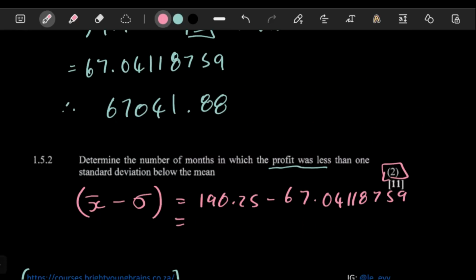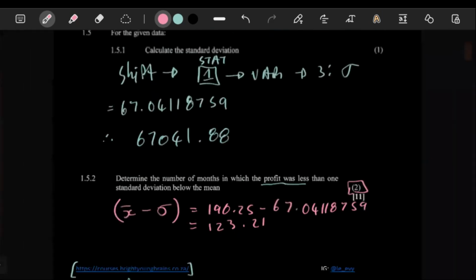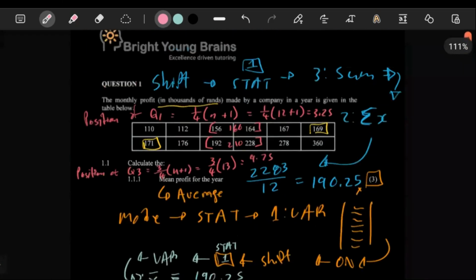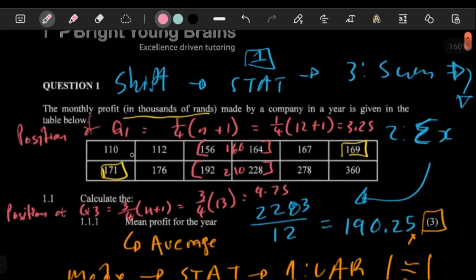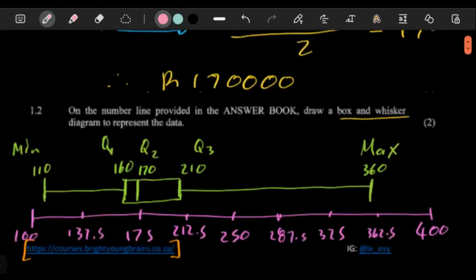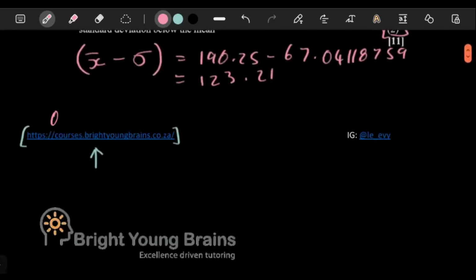This number in our calculator is 123 point, let's just say 21 if you round it off. So you want to work out how many of the months are below this number. When I work out all the ones that are below 123, it's only 2 of them. Just 2 months are below 1 standard deviation away from the mean.